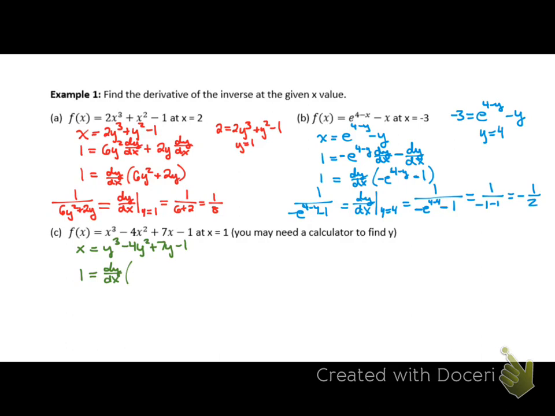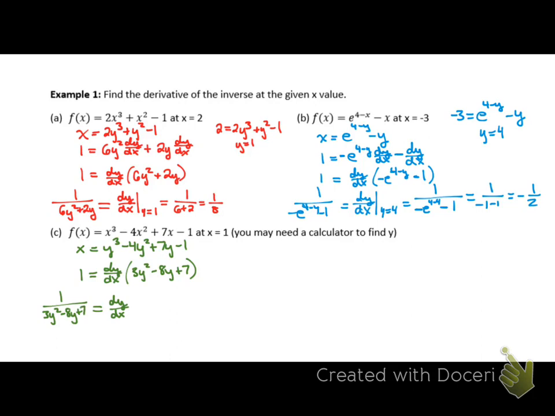So now when I take the derivative, I'm just putting the derivative on the inside. So we get 3y squared minus 8y plus 7. Of course, the derivative of negative 1 is 0, so we don't have to worry about that. And then we divide, so dy dx is going to equal 1 over 3y squared minus 8y plus 7.